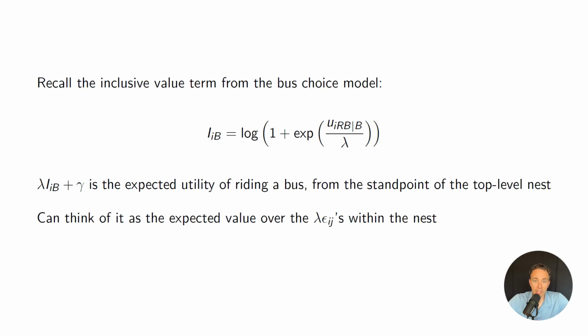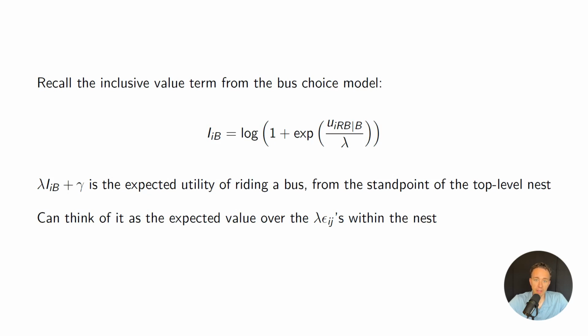If we go back to the previous video where we talked about inclusive value, you might recall that we had a term I sub ib, which was the log of the sum of the exponentials of the conditional utilities of choosing a red or blue bus given that a bus was chosen. In this case, we normalized the utility of blue bus given bus to be 0, so it turns into a 1 inside the log.